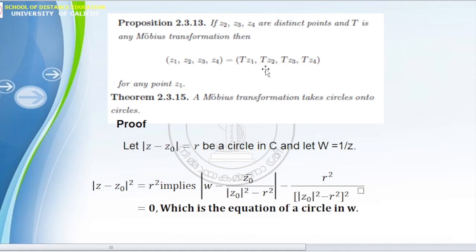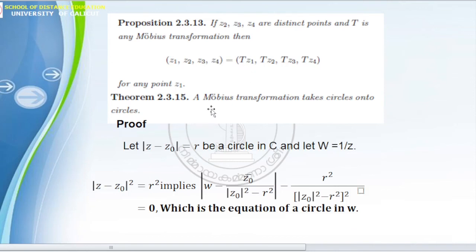That is, the cross ratio is invariant under a Mobius transformation. So our bilinear transformation is invariant. T of z1 will be z1, T of z2 will be z2, T of z3 will be z3 and T of z4 will be z4. So the transformation values will be same as the values itself. So it is invariant under bilinear transformation.